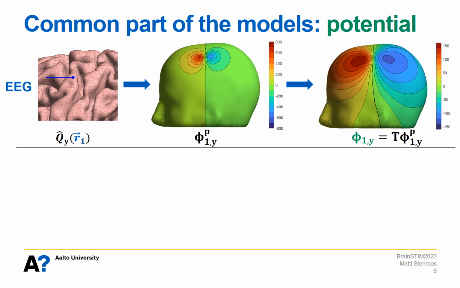The volume conductor effects are brought in by a linear operator T, and as a result we have potential on the conductivity boundaries of the head. This computation is repeated for all source locations and orthogonal orientations. The operator T needs to be computed only once. For a high-detail model, building T and computing potentials takes about 1 hour with my tools.